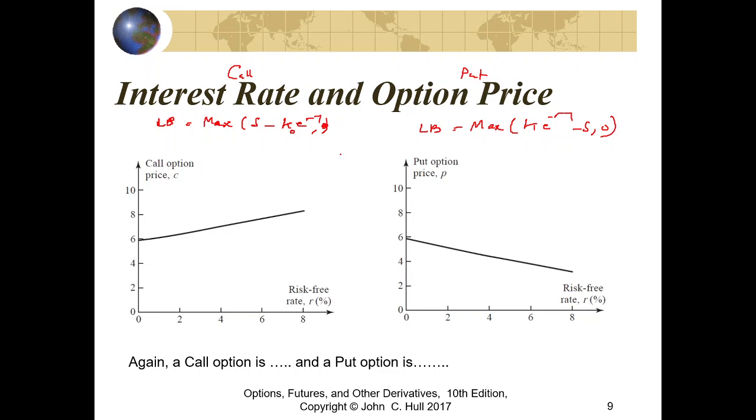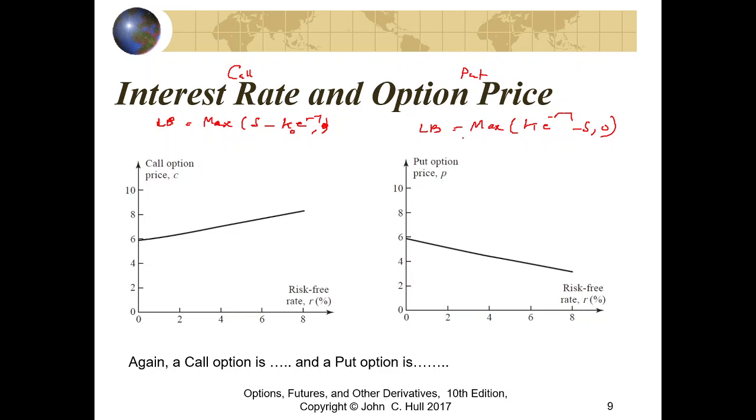So now let's look at the effect of the interest rate on the lower bound for each option. If we increase the interest rate, what will happen to the present value of K? It will decrease. So what will happen to the difference between S and the present value of the strike price? It will increase.